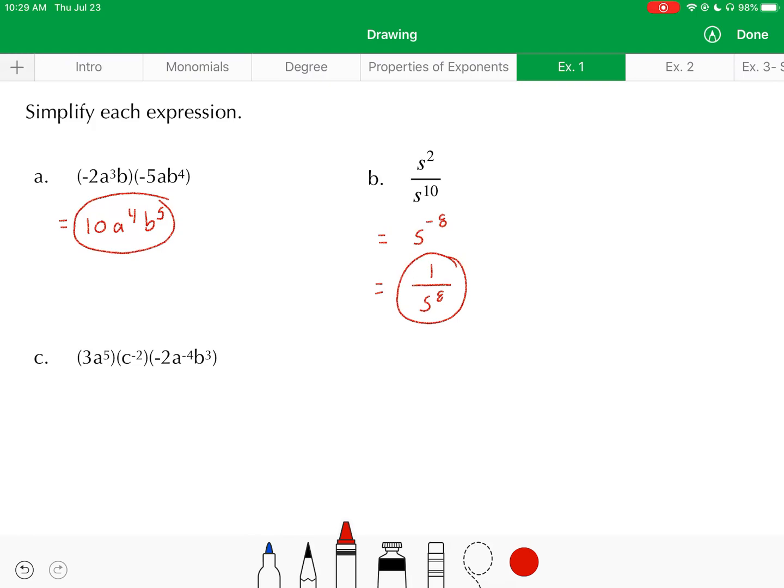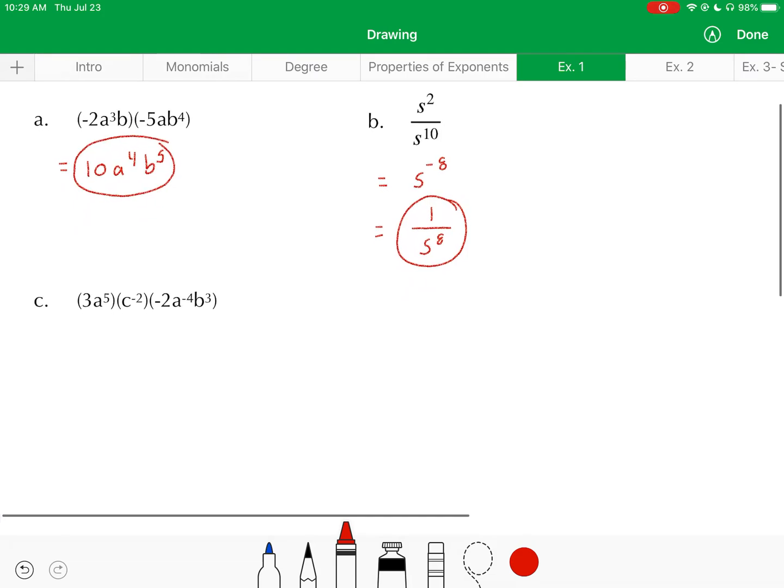All right, and then for c, we just have 3 monomials being multiplied together. We're going to start off approaching this like we did the problem directly above it. We're going to multiply all the like parts together. So my coefficients are 3 and negative 2. Those will multiply, of course, to negative 6. A to the fifth multiplied with a to the negative fourth. If you add 5 and negative 4, you'll end up with a power of 1 on a. So that's just a to the first power.